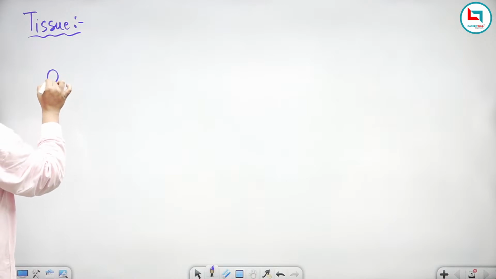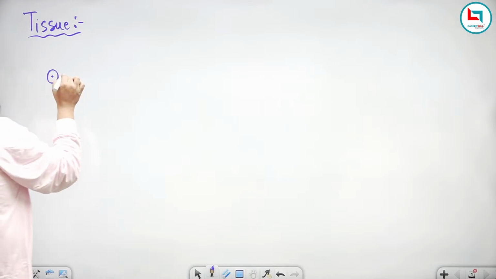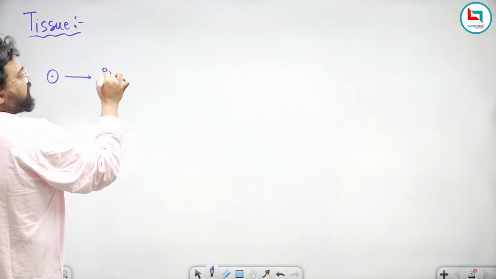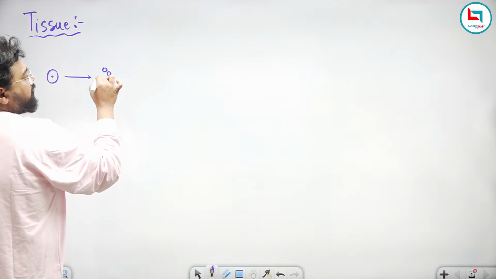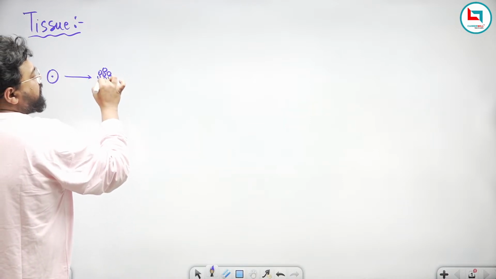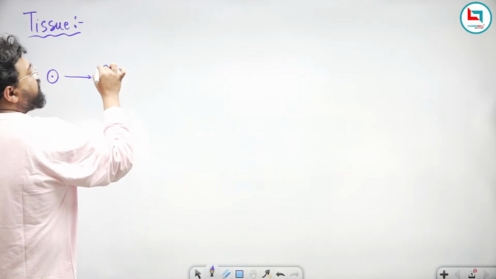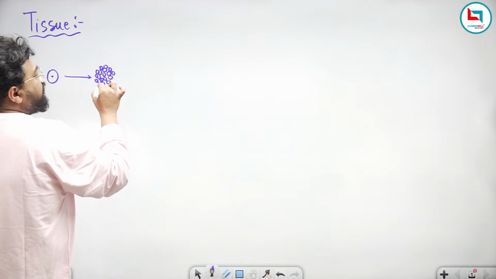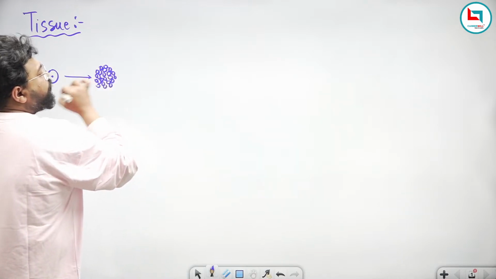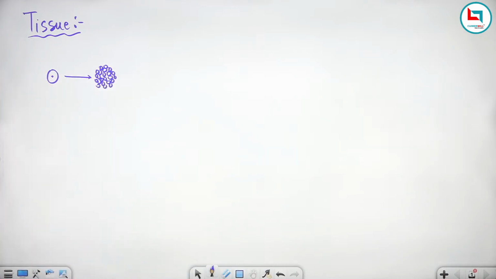We have cell. When these cells aggregate, means they join or stick together and they'll start doing some kind of different function. Such type of organization we term them as tissue.